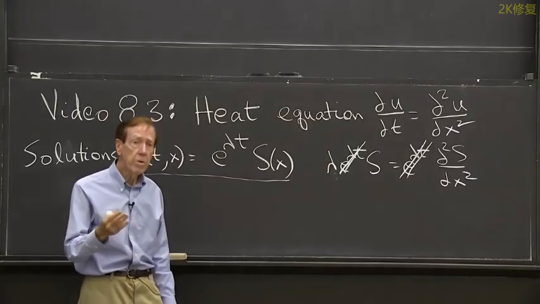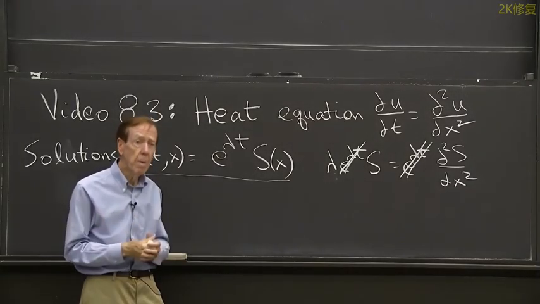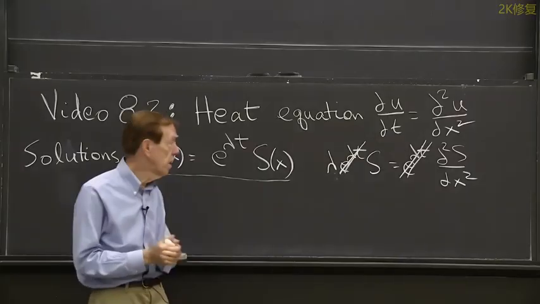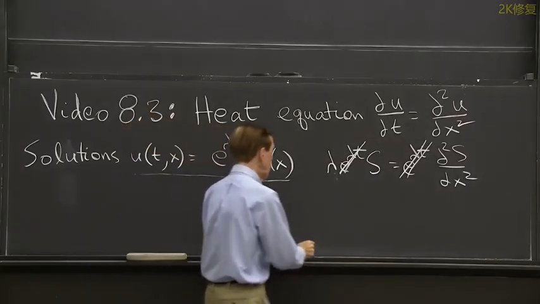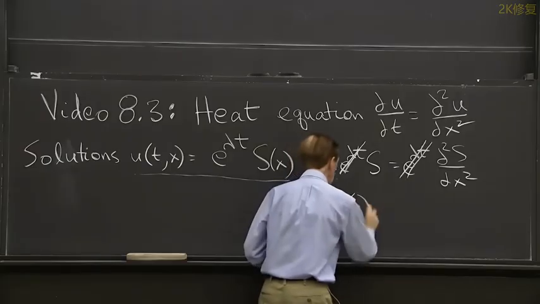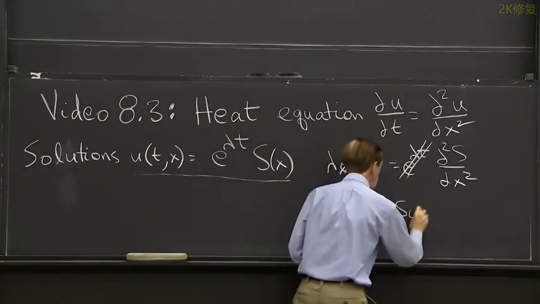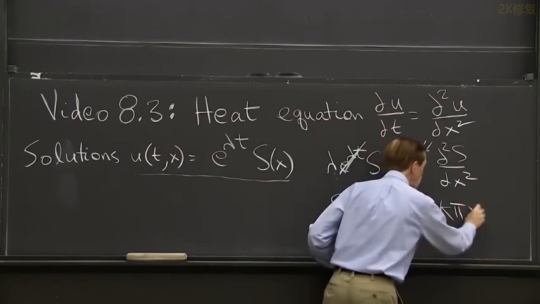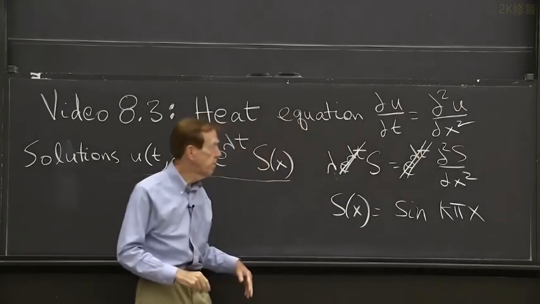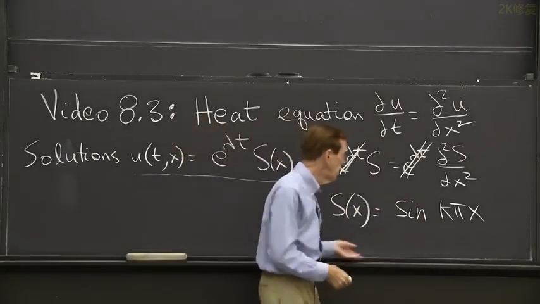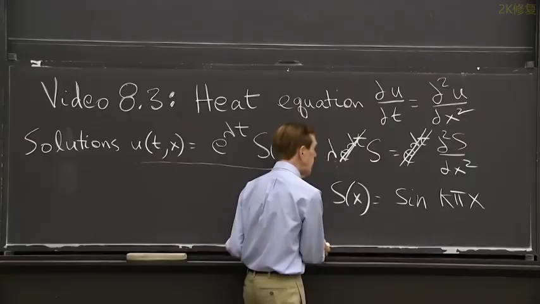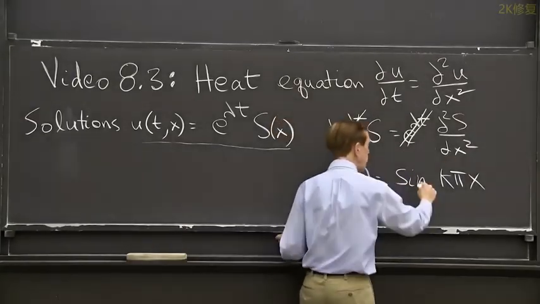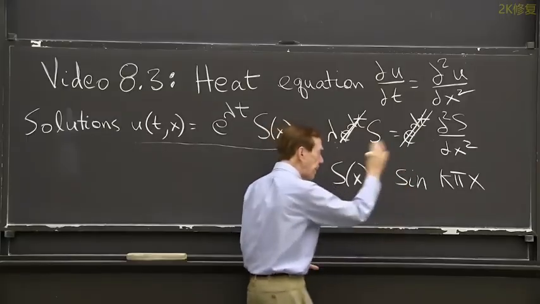Okay, the functions s I'm looking for will be sine functions. S of x will be the sine of k pi x, the sine of something times x. What's the eigenvalue? Take 2 derivatives of this.